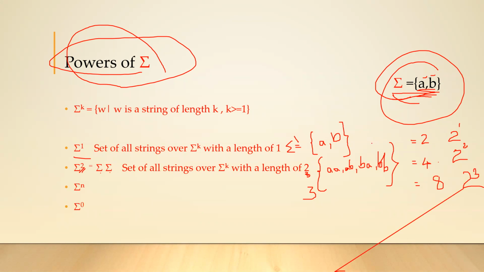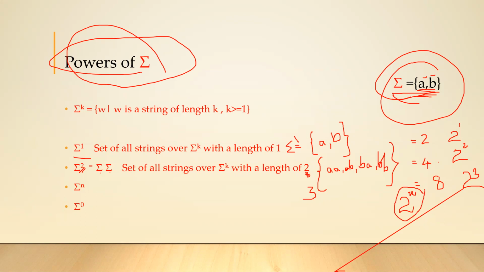I can come to a generalization. Imagine you're having only 2 letters in your sigma. If you want to construct strings which can have a length of n, you will be getting 2 raised to n number of strings.